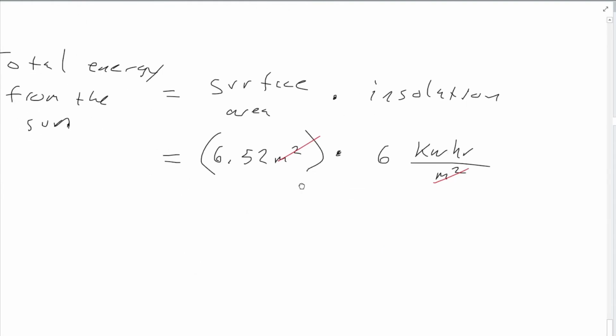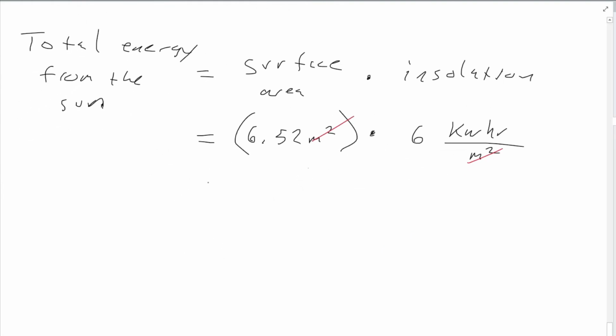And this would give me a total amount of energy absorbed from the sun. It's just going to be 6 times 6.52. This gives me 39.12 kilowatt hours.